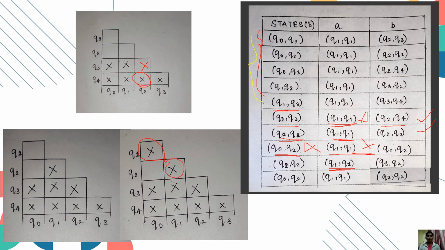Next, the remaining state, we have Q0 Q2. Again we'll check for it, because this is the only state left after finding all the states. Further, if we solve this, Q3 Q2 doesn't exist.